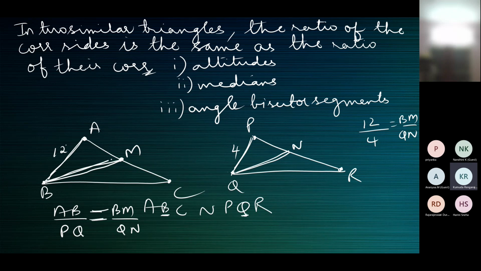The ratio of the corresponding medians also will be 3:1. Like for example, if QN is 2 units, what will be the length of BM?